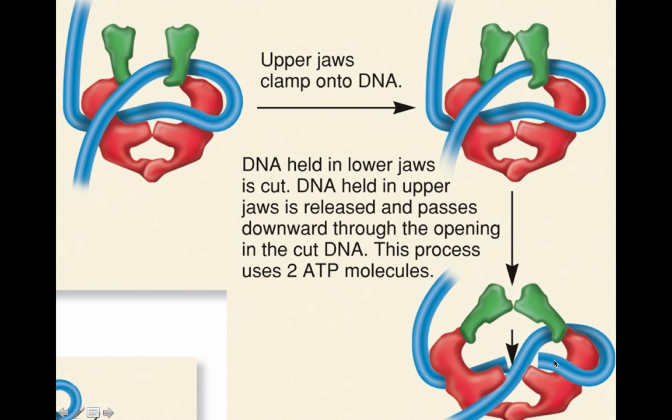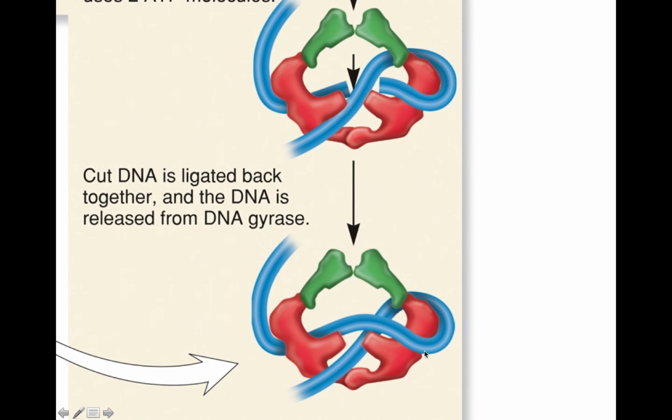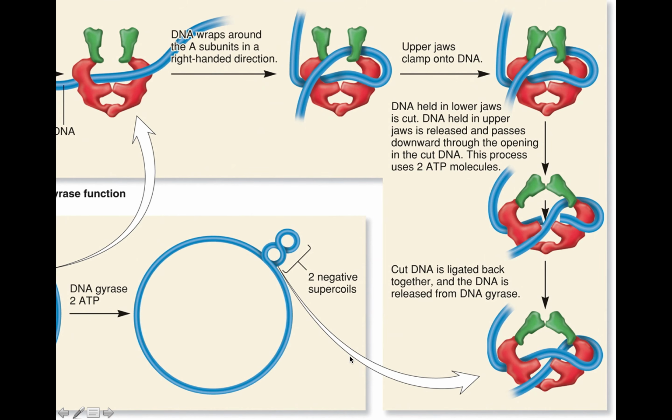And the top strand is forced through while the DNA gyrase holds on to the ends here. Now you have DNA in a completely different configuration, where the strand that started out on the bottom ends up on the top as the DNA gets looped around this DNA gyrase.